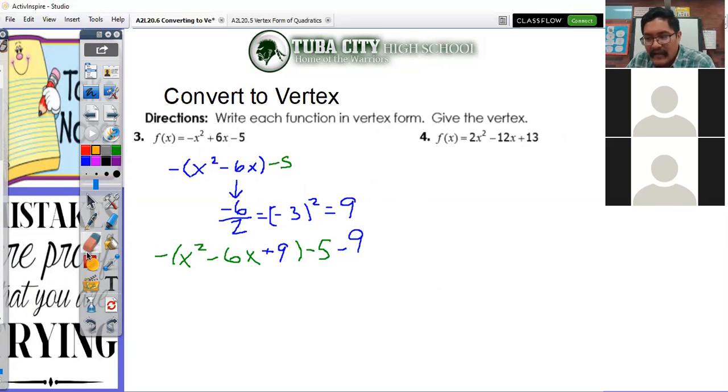And flipping the sign would make it positive. So actually adding 9 here is not adding 9, we're minusing 9. So to counteract, to balance it out, we need to add 9 instead of subtract 9. Yeah, I know. I know.